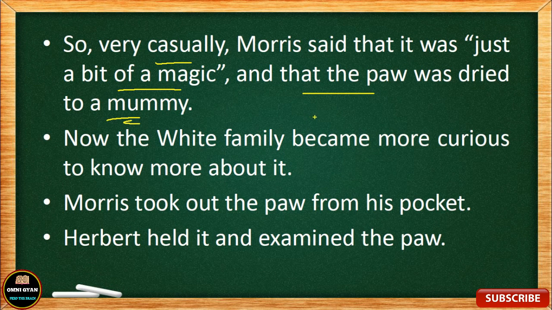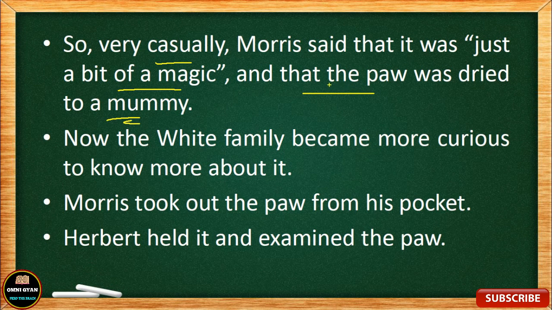You know that in Egypt, Cairo, that pyramid, all of you know, I think, okay. Their mummies were kept. Okay, so here you see Morris said very casually that no, it's a bit of magic, and that paw was dried and it was mummified.